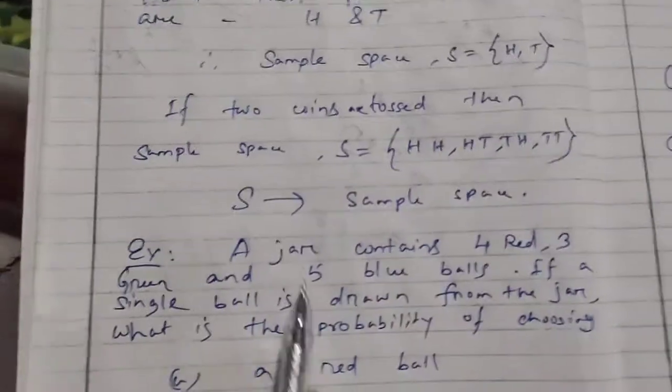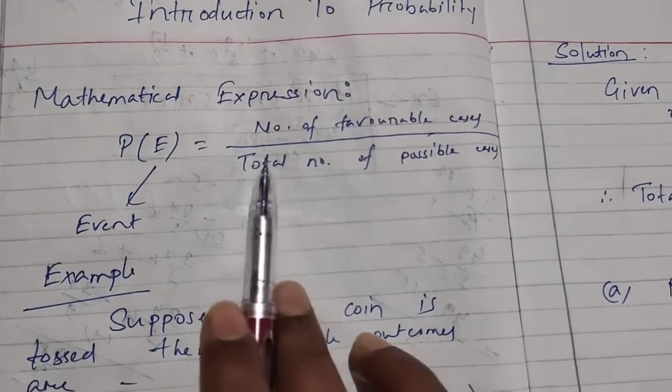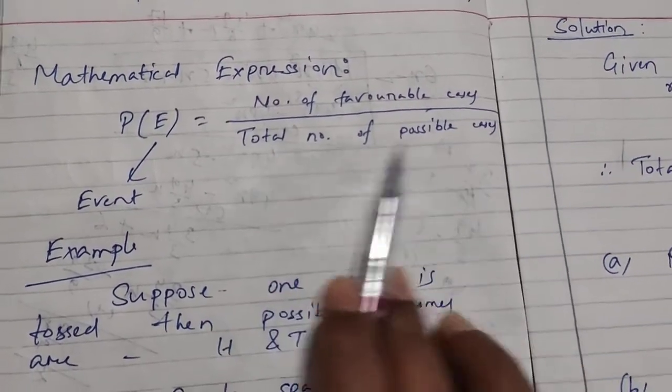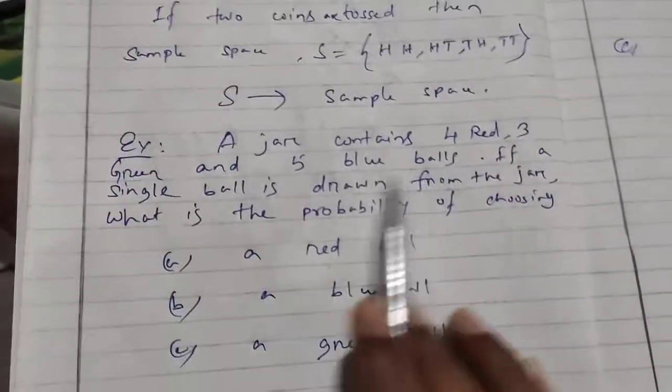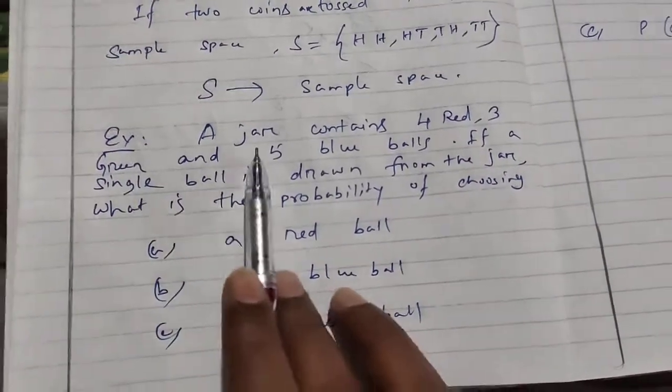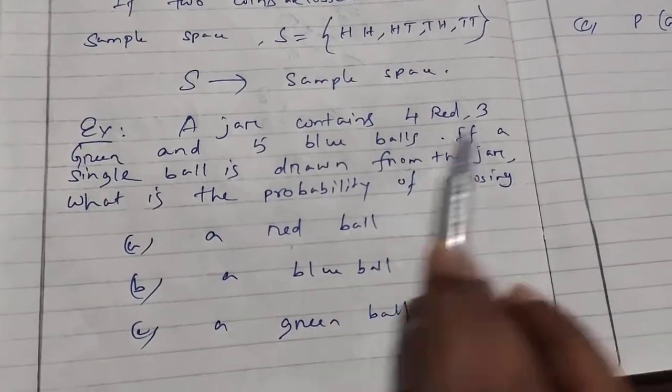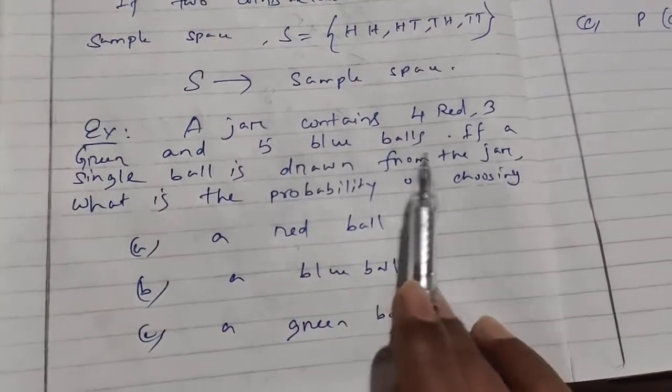The next example will show what the total number of possible cases is and what the number of favorable cases is. A jar contains 4 red, 3 green and 5 blue balls.